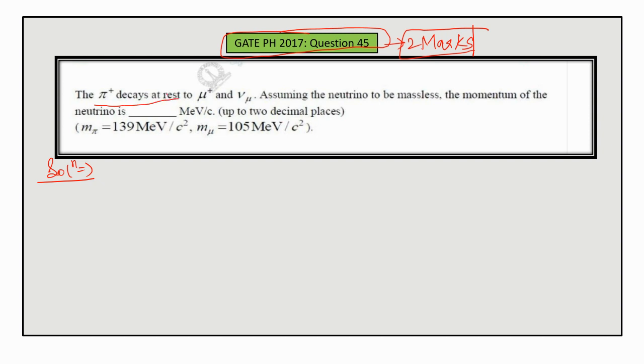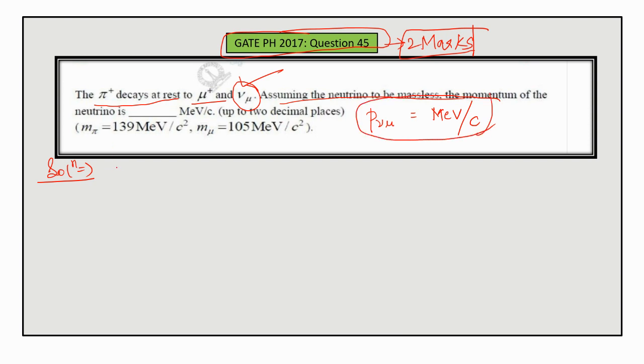The pi positive decays at rest to mu positive and muon neutrino. Assuming the neutrino to be massless, the momentum of the neutrino is... You need to find out the momentum of the neutrino, and the unit should be MeV by c.